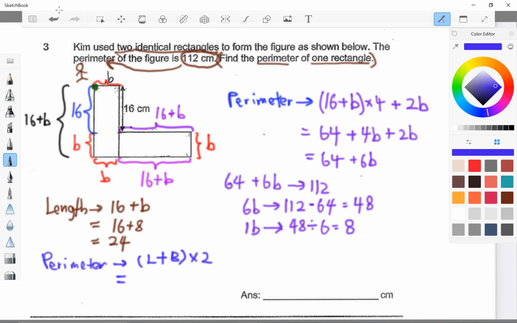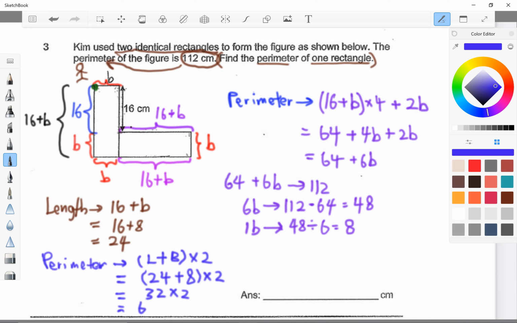So length plus breadth, in brackets, multiplied by 2. Since the length of my rectangle is 24, the breadth is 8. If I add them up, I should get 32. And if I were to multiply that by 2, using the formula, our answer will be 64. Let me just write it down. 32 times 2 leads us to 64.